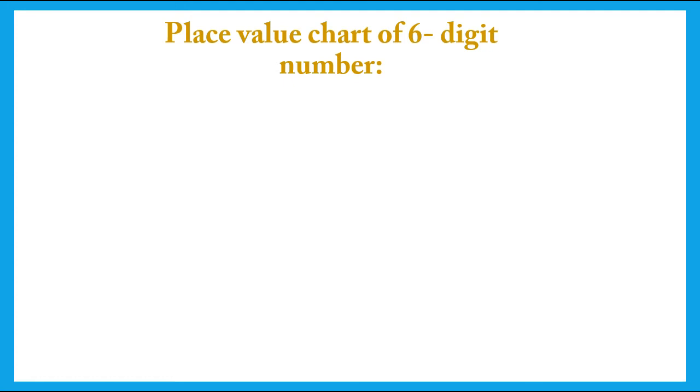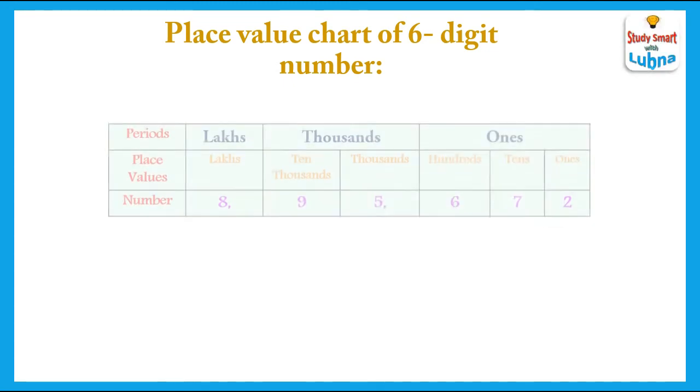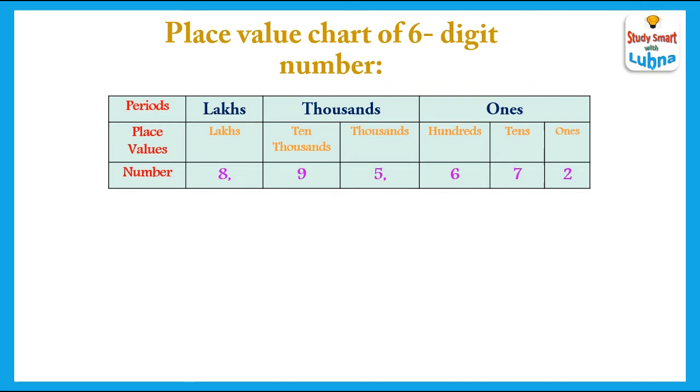Place value chart of 6-digit number. Now I am going to show the place value chart of a 6-digit number. Look at this place value chart. Here we are having periods, place values, and the number. In the place value chart of a 6-digit number in the Pakistani number system, we are having 3 periods: ones period, thousands period, and lakhs period.